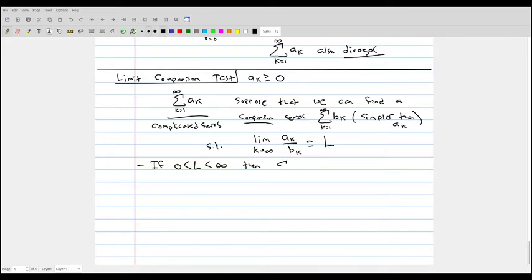then the sum of ak and the infinite sum of bk either both converge or they both diverge.